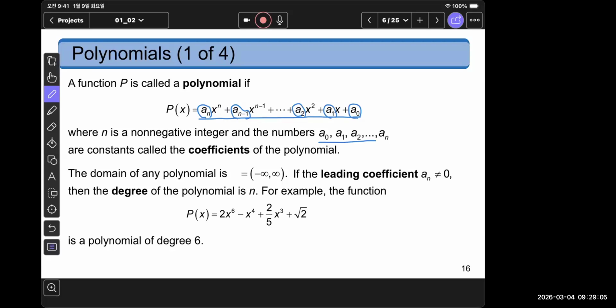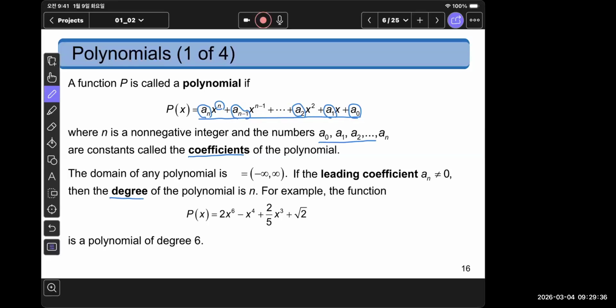And a naught, a1 up to an are called the coefficients of the polynomial. And if a sub n is the coefficient where n is the largest power with non-zero coefficient, then this n is called the degree of the polynomial.